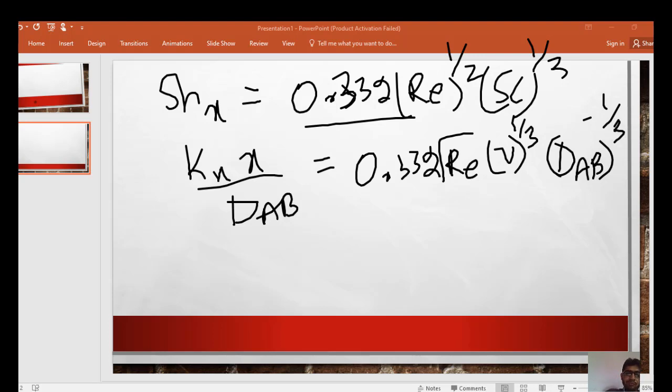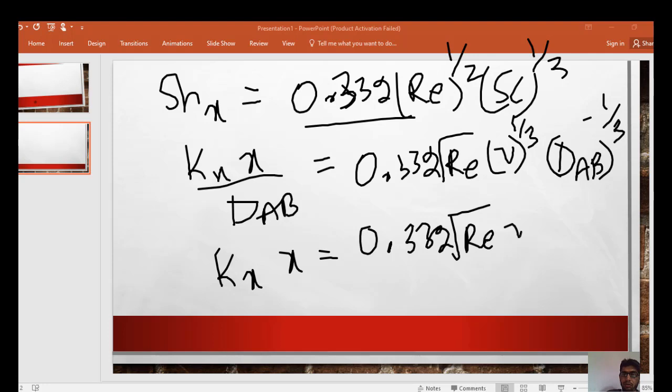So now this is Kx, and this is the X, and this is 0.332 Reynolds number under the root, kinematic viscosity to the power 1 over 3 and diffusivity of A, and this diffusivity comes to this side, so this is minus 1 over 3 plus 1.